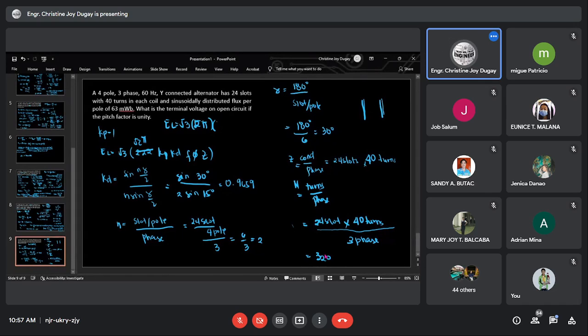And Kd po natin is 0.9659. And the value of frequency is 60. The value of flux natin is 63 milliweber. And lastly is the Z, which is 320.